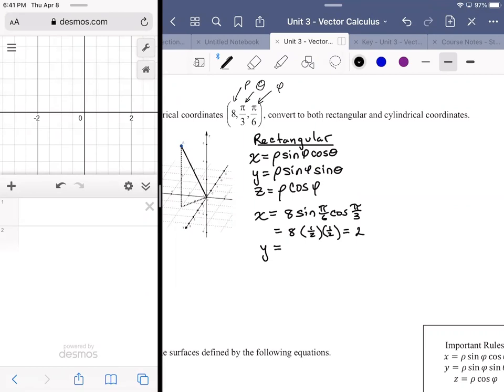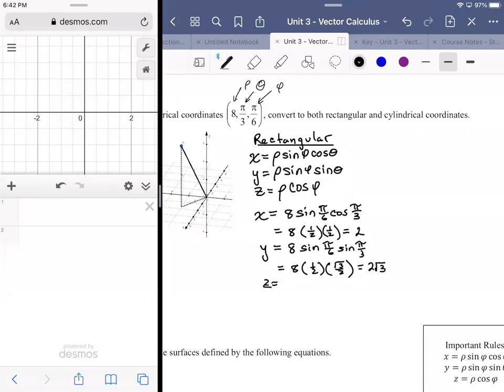Y is equal to rho sine phi sine theta. So 8 sine of pi over 6, sine of pi over 3. So it starts off in a similar fashion, 8 times a half, but now it's multiplied by rad 3 over 2. So it would be 2 if it wasn't for that radical 3, but that radical 3 is there, so 2 radical 3.